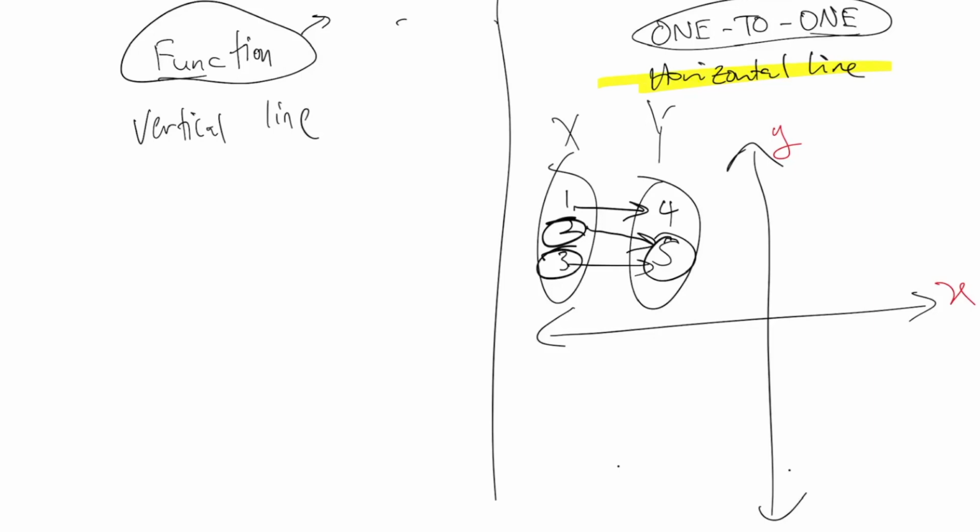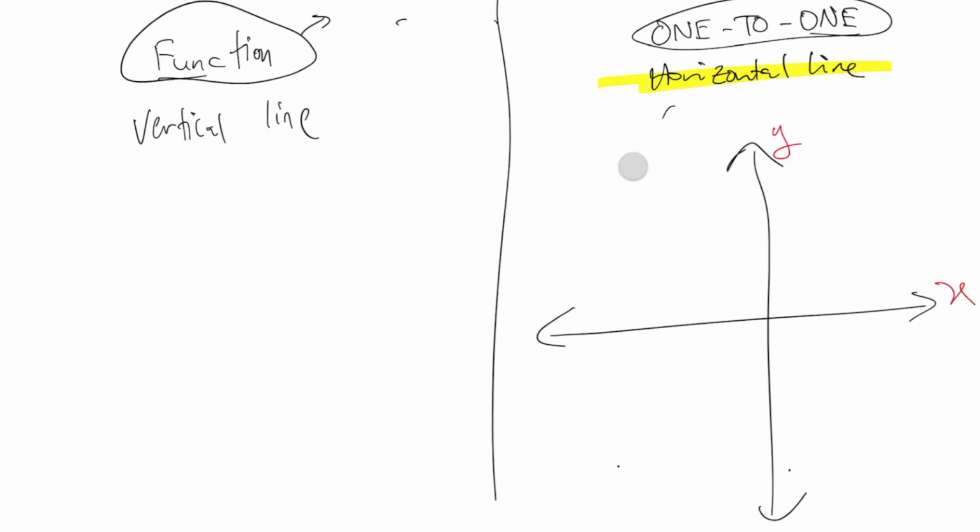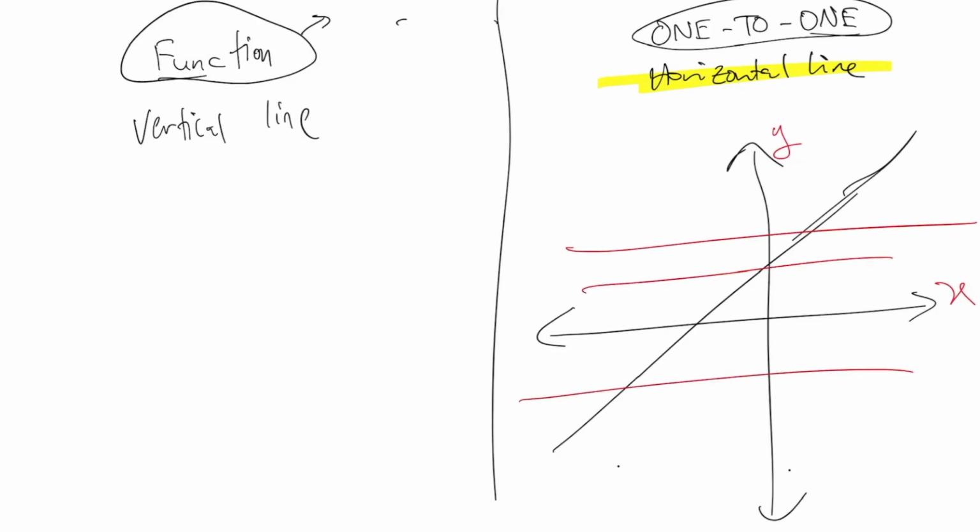Using this definition of one-to-one functions, we use the horizontal line test. All right, let's say we have a function like here. Again, let's use a linear function. Is this function one-to-one? Apply the horizontal line. Yes, by looking at the intersection points, this horizontal line intersects the linear function just once everywhere.